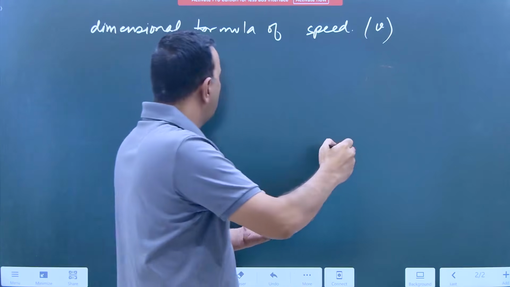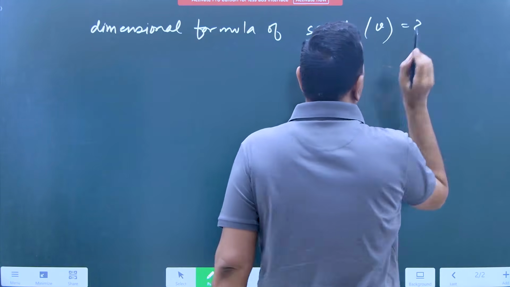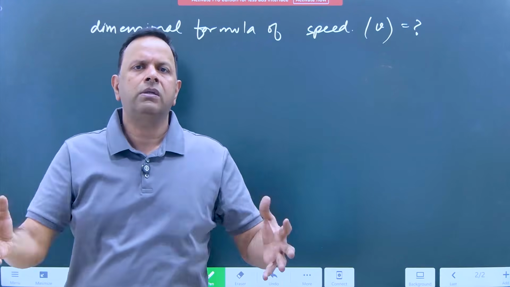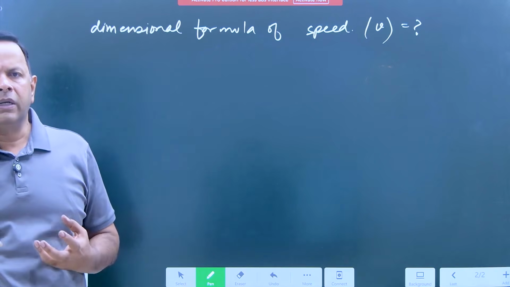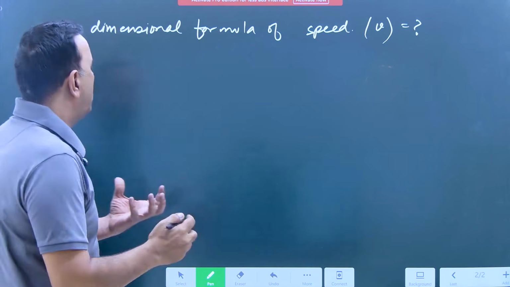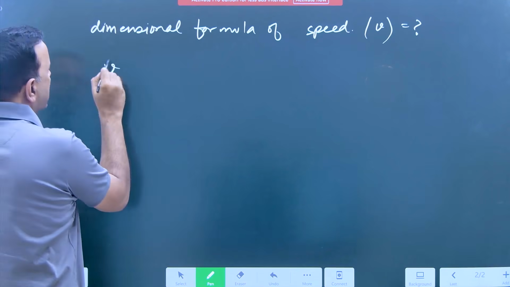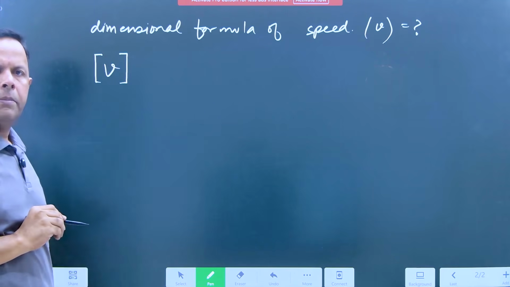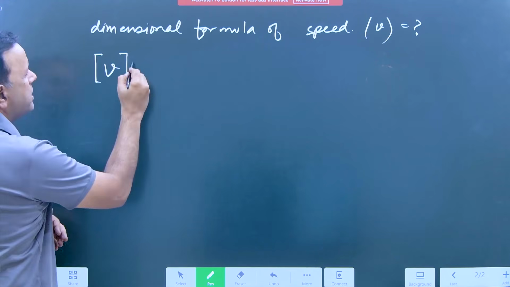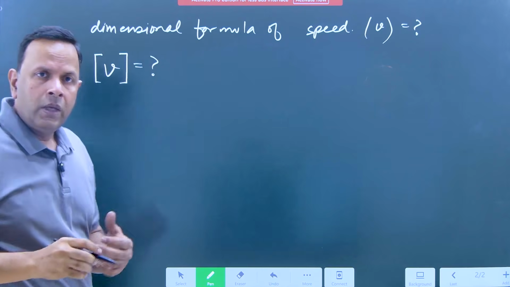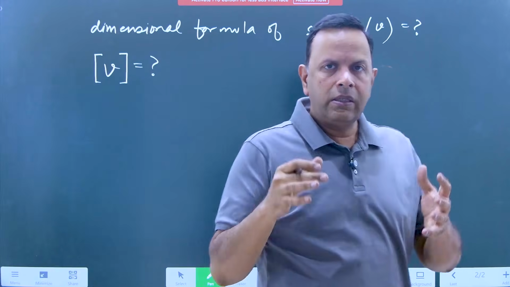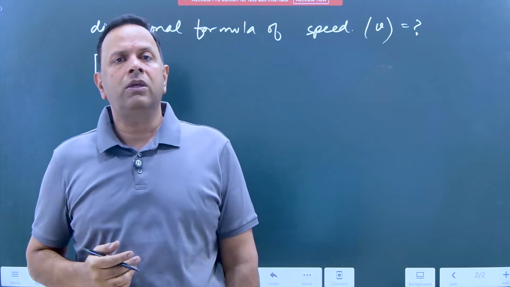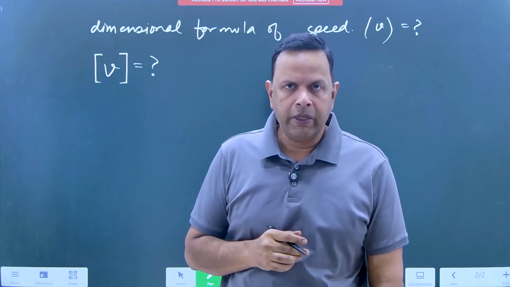If I ask you to write the dimensional formula of the speed, we have a certain code representation or symbol for that. I can write a V and put it in square brackets, and if I simply put a question mark here, this bracket has to be interpreted as me asking you the dimensional formula of the speed.